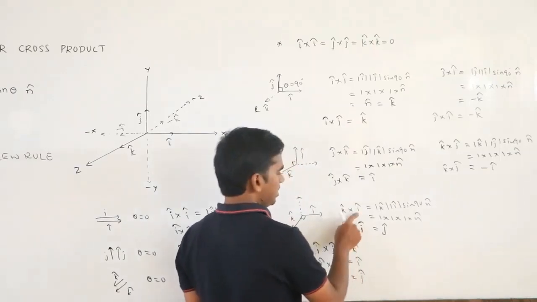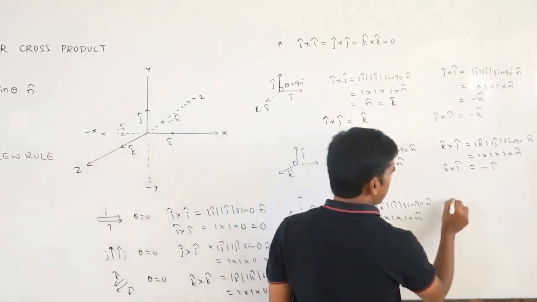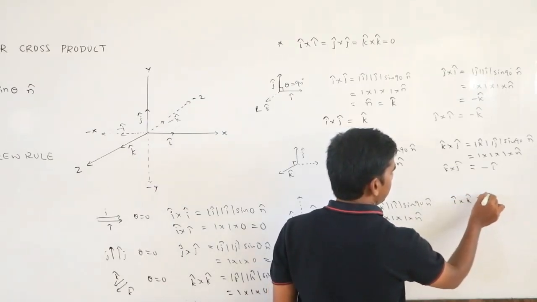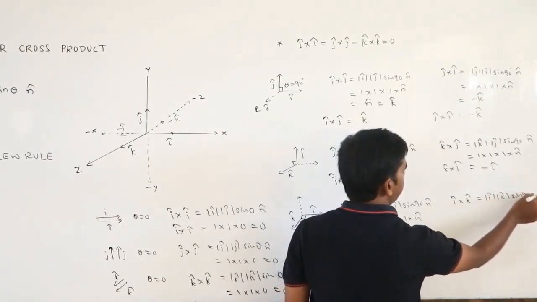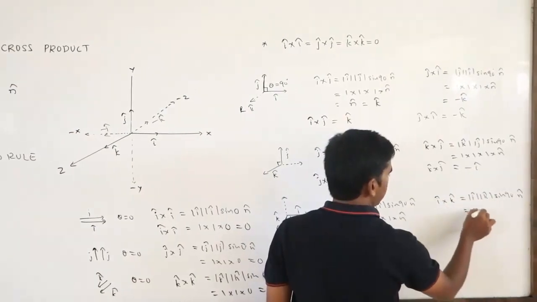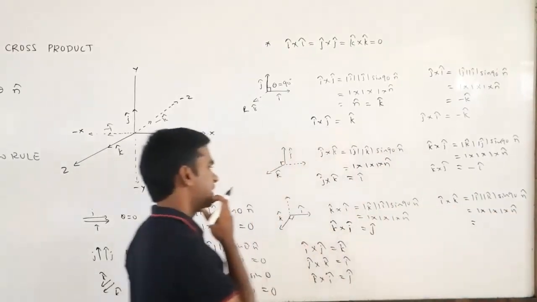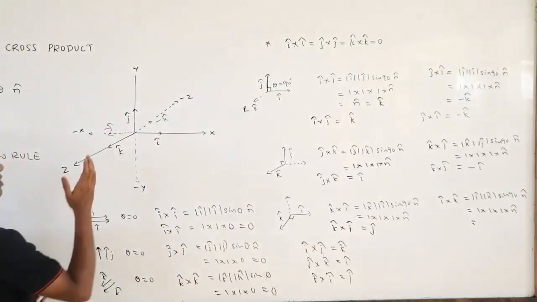Again, k cross i is here. What we got is j, but what about i cross k? So i cross k equals magnitude of i cap, magnitude of k cap, sine 90 n cap. Okay, so 1 into 1 into 1 into n cap. So what is n cap here? i cross k, i to k is coming.